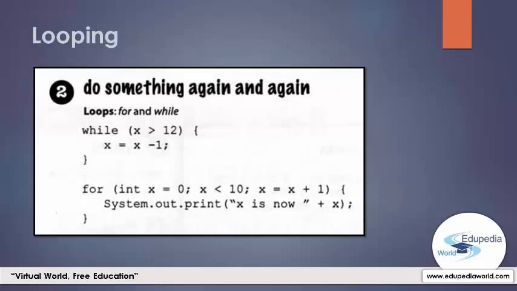In the while loop parenthesis we are writing a condition, and in the for loop parenthesis we are writing three things: a variable declaration, a condition, and an expression. Inside the curly braces we are writing statements that need to be repeated. Depending on the things you have written in the parentheses, this repetition happens.